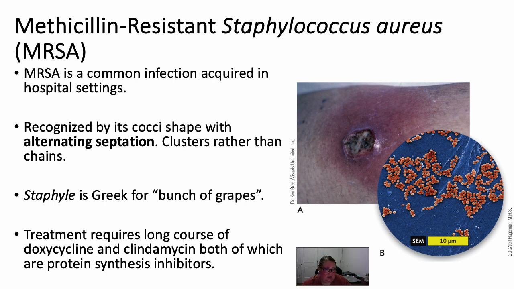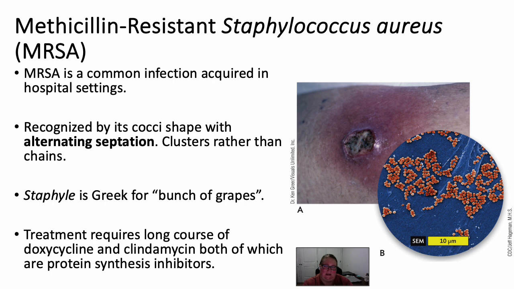In fact, to treat MRSA, we're going to have to do a long course of the antibiotic doxycycline and the antibiotic clindamycin. So instead of being like penicillin and targeting the cell wall and cell wall production, both doxycycline and clindamycin are going to stop the synthesis of proteins in the bacterial cell.